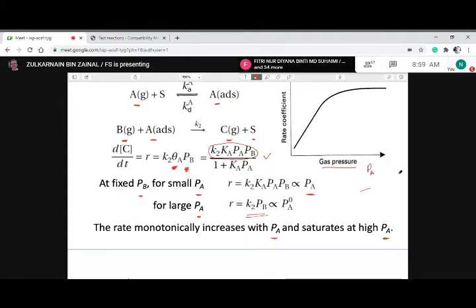We can use the range 0 to 1 for the pressure of A, where PA is 1, it saturates, the rate coefficient is high, and it is also proportional to the saturation pressure of A, as we can see from here.